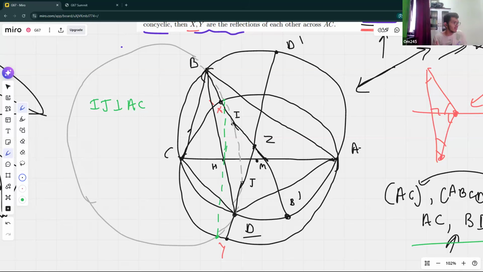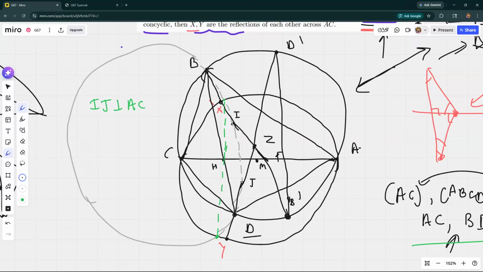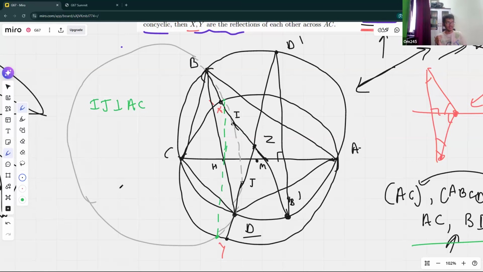So this implies this is perpendicular to AC. But we also know B dash, D dash are cyclic. And we also know B, I, J, D are cyclic.